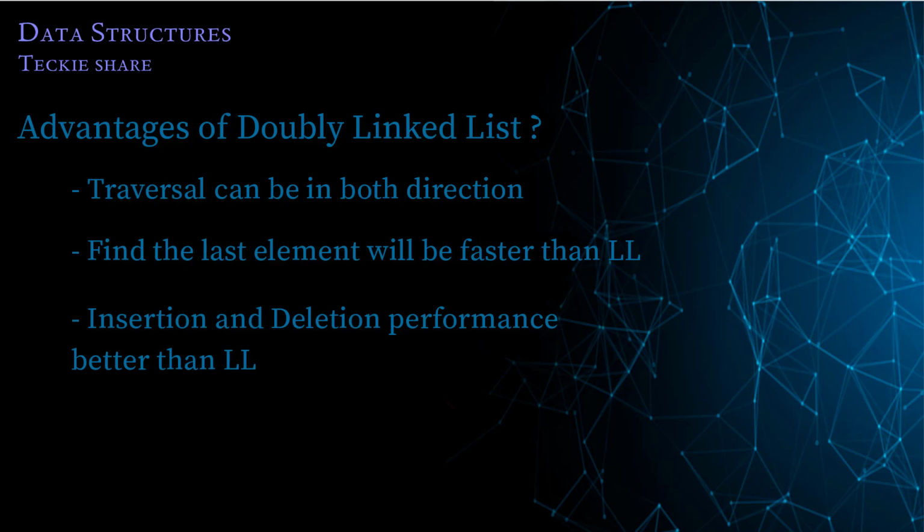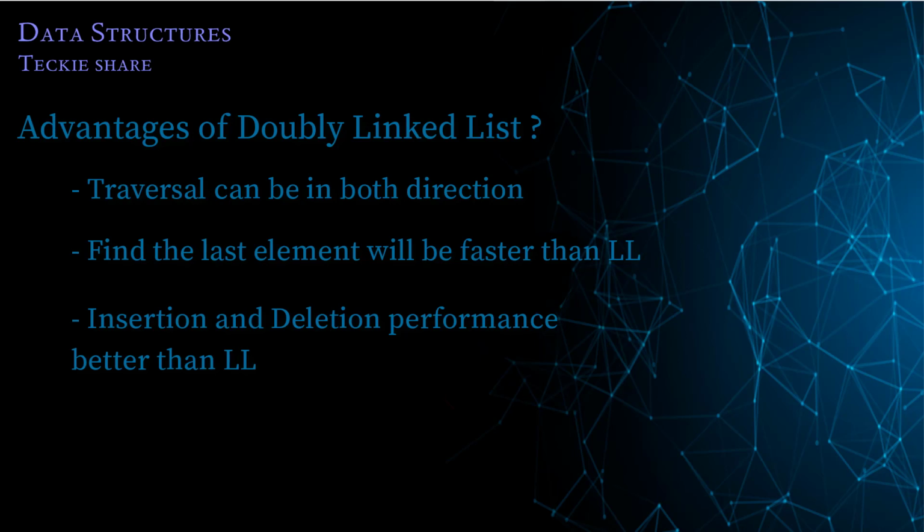You have to traverse from your header element to the last element. Unlike a linked list, here the traversal can be in both forward as well as reverse direction. Insertion and deletion functionality will give better performance than a linked list. If you are performing index and contains operations, they will be much faster than a linked list because here the traversal can be in both directions.